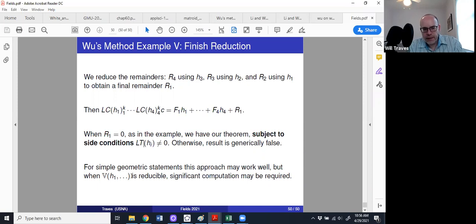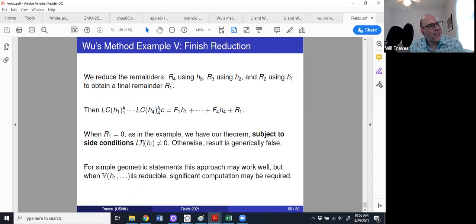And in that kind of situation, you may end up having to do significant amounts of computation to reduce the hypotheses to appropriate subsets that you then have to verify the condition over each of the components of the hypotheses variety, etc. So it's a kind of complicated thing, potentially.